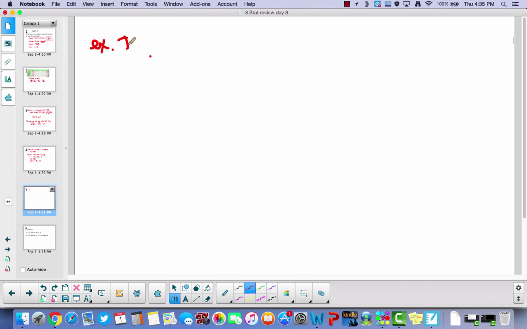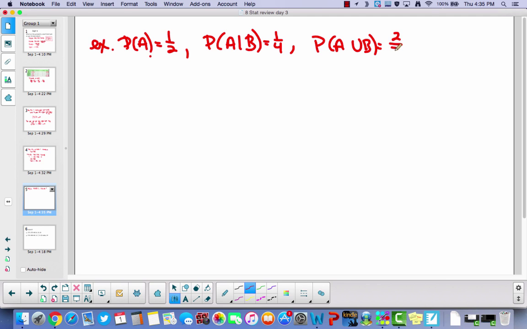It says the probability of A is 1/2. The probability of A given B is 1/4. The probability of A or B is 2/3.